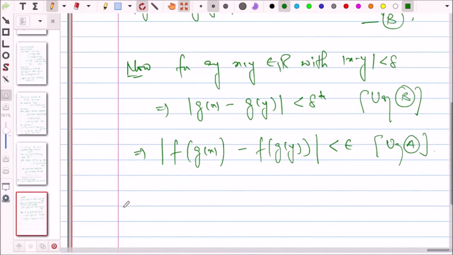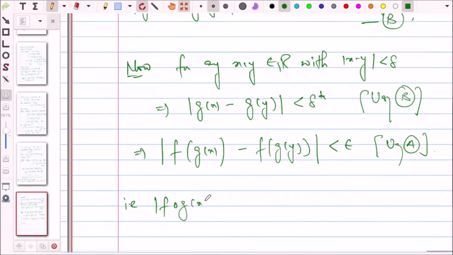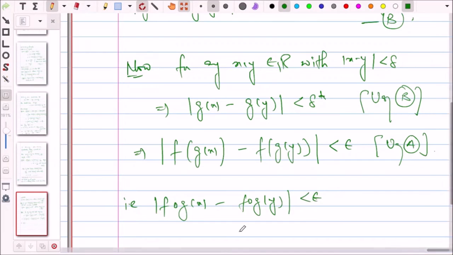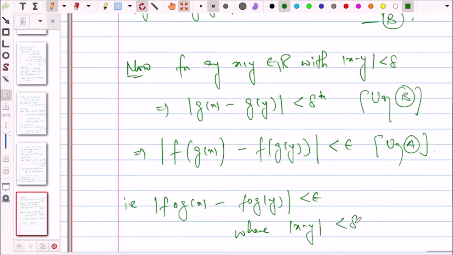That is, |f(g(x)) minus f(g(y))| is less than epsilon whenever |x minus y| is less than delta.